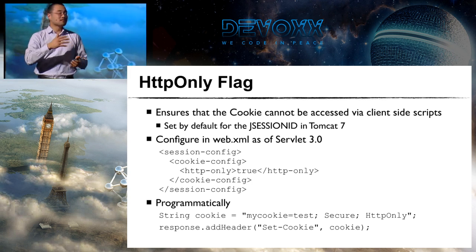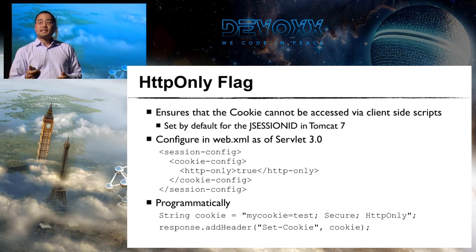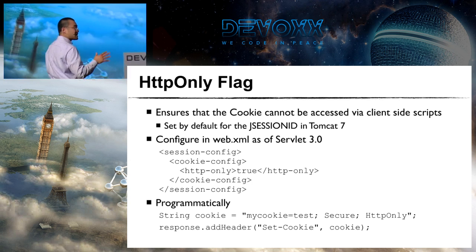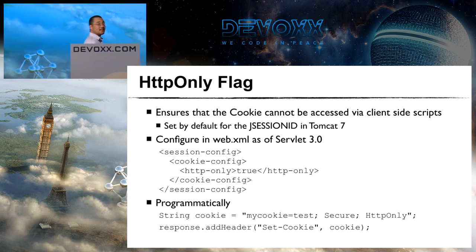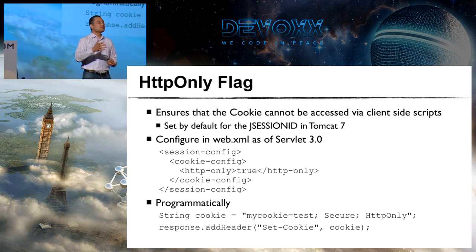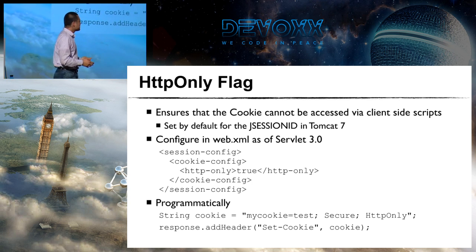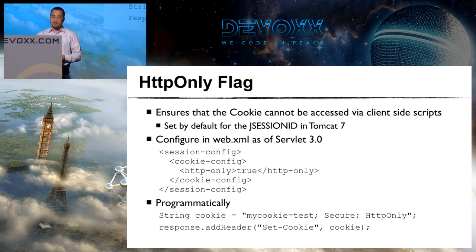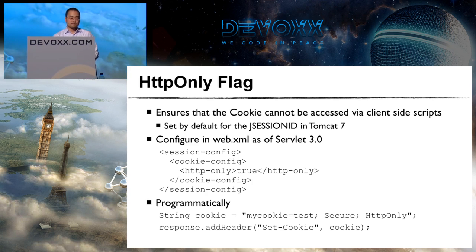Down at the very bottom, you can see that if you also want to set HTTP only on some cookies, unfortunately, there's not a set HTTP only method on the cookie class itself. Instead, you have to manually create the cookie, like you see down at the bottom, to append HTTP only at the very end and manually add that cookie. But again, for the JSession ID in particular, you can automatically set the HTTP only flag like this.